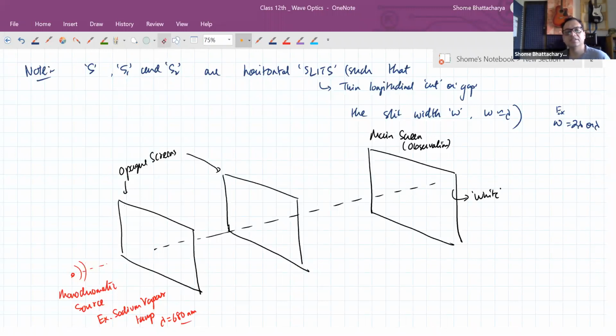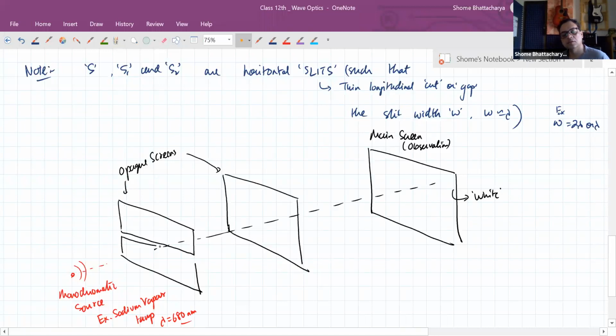So what we mean by the slit in front now is that this screen has a horizontal gap like this. So this is the single slit on this screen. And similarly, this screen in front of it now, this is the central point.